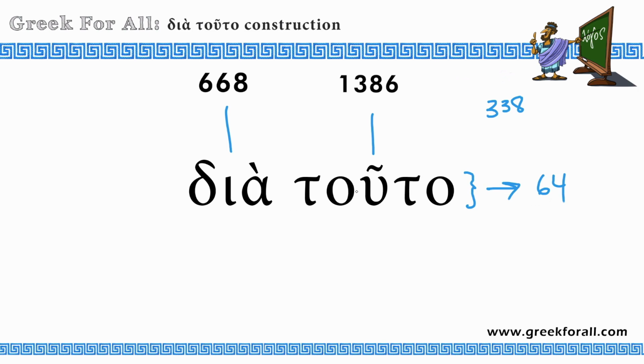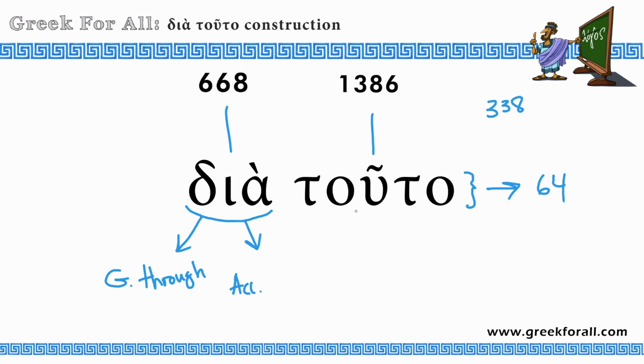So what does this construction mean? Dia is a preposition, and this preposition works with two cases. If the following word is in the genitive case, dia means through. And if the following word is in the accusative case, this preposition means because of or for the sake of.